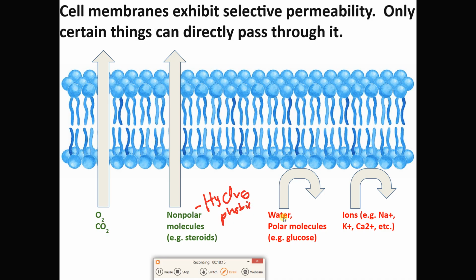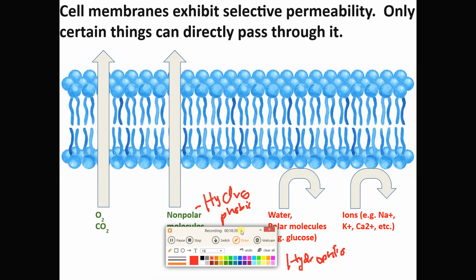But water and polar molecules, and polar is just, as you might have guessed, another word for hydrophilic. So hydrophilic molecules like glucose cannot go through. Ions like sodium, potassium, calcium, etc. cannot go through. So only certain things can go directly through the membrane.